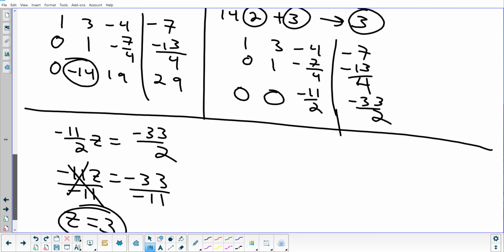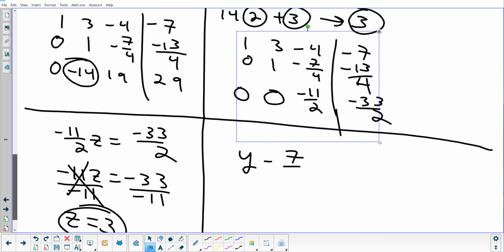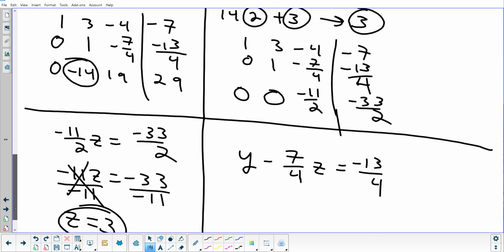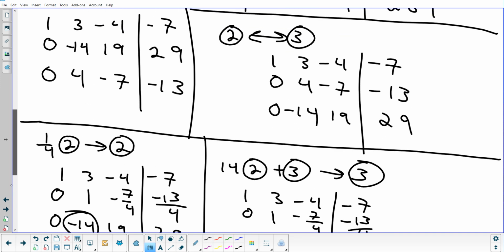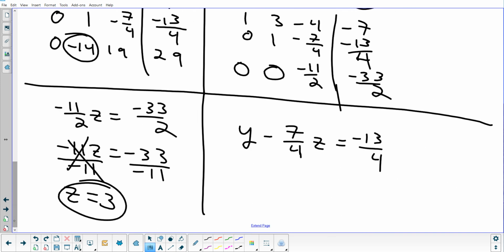All right. Now, to get Y, let's plug right back into the one above it. 0x plus y minus 7/4 z equals negative 13/4. Z was 3. Y minus, what's 7/4 times 3? 21/4.